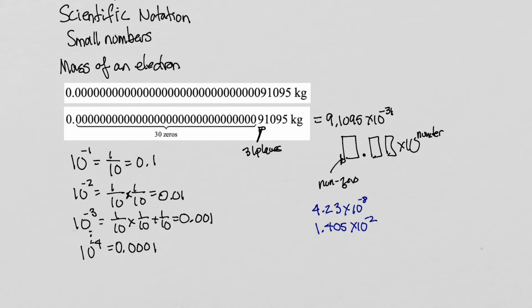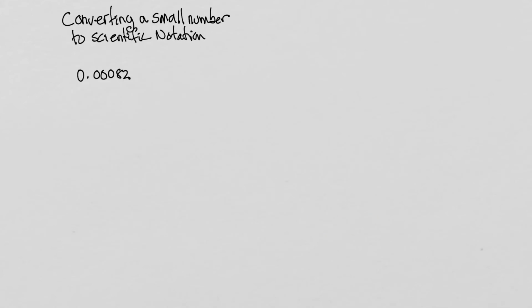Let's try a few more where we actually get a number into scientific form. Let's start with this number right here. We have 0 point and a small number. Now what we want to do is move this decimal point 1, 2, 3, 4 places until we can locate it just to the left of that 8. So we're going to write our number as 8.2 times 10 to the, now how far did we take it to the right? 1, 2, 3, 4.